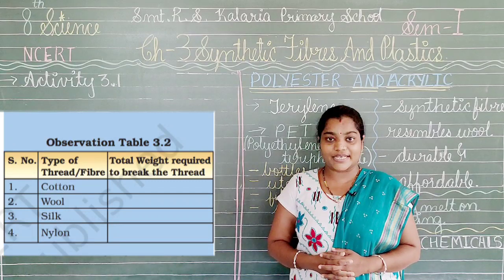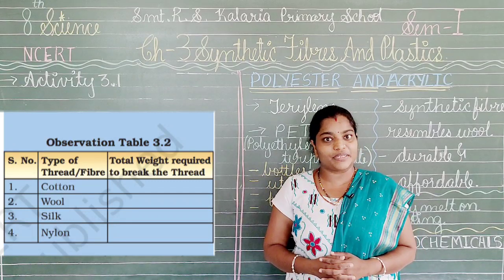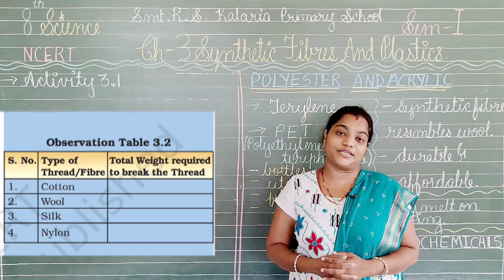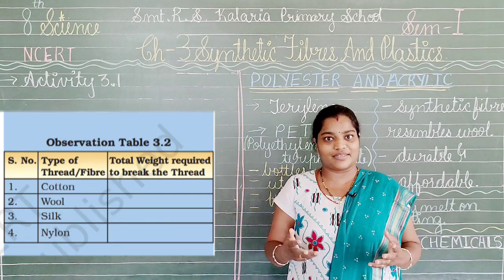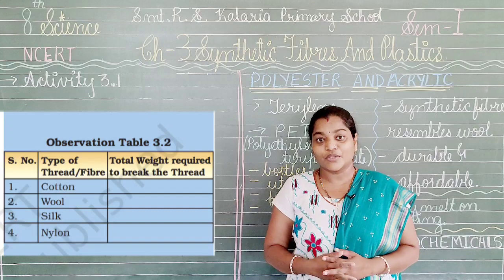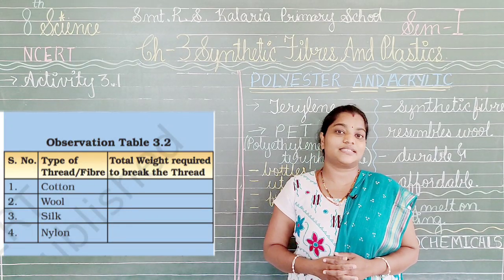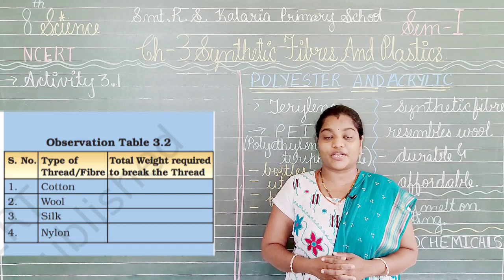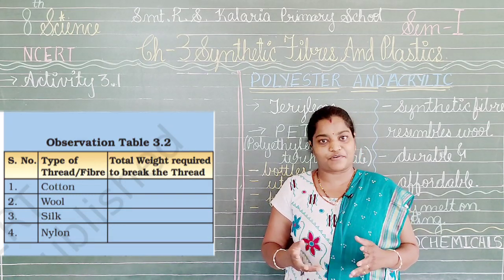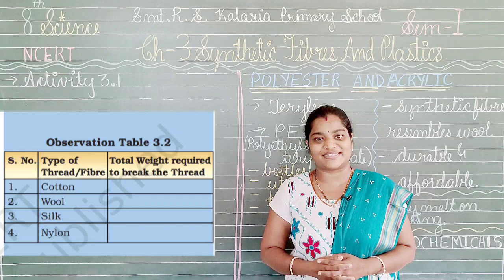But as we know, nylon will be the strongest among them. Why? Because it is stronger than steel wire also, isn't it? So it may happen that while doing this experiment, you will find that more weight is required to break the nylon fiber, and that will be the true answer.